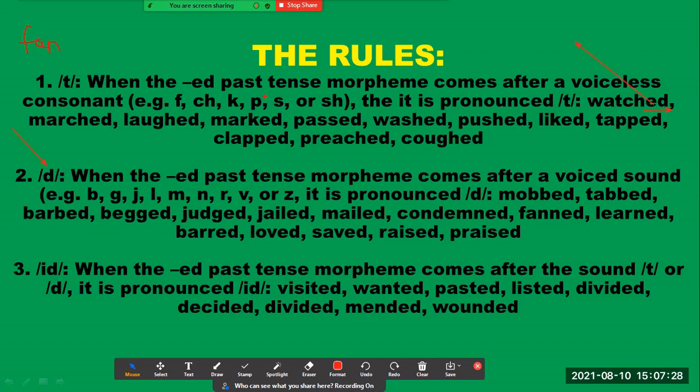Then again, try to pronounce the sound of S as if you want to say sun. Then you pronounce S.